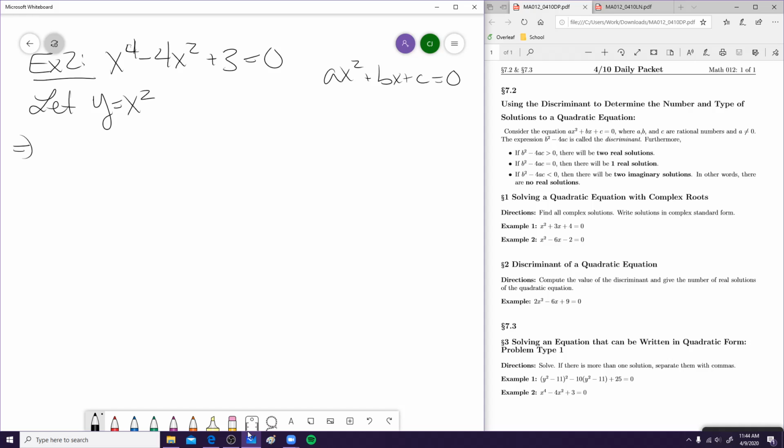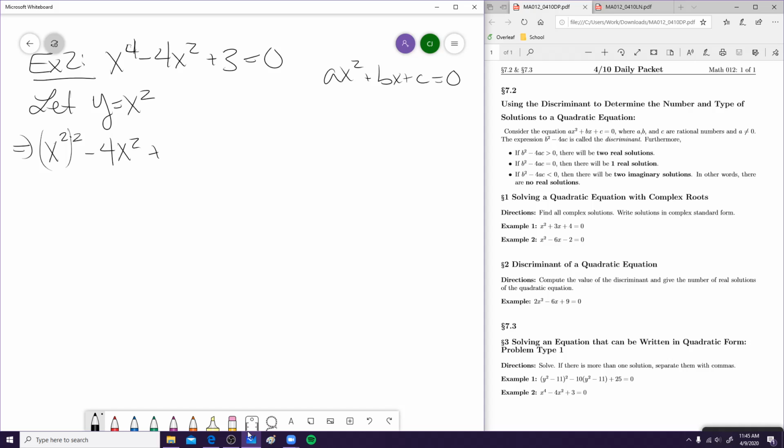If I'm going to plug in y is equal to x squared, how would I substitute this first term? Before we do anything, let's rewrite this equation a little differently. x to the fourth, if I use my exponent rule, is also x to the 2 times 2, because with the power rules like this, we'll still get x to the fourth.